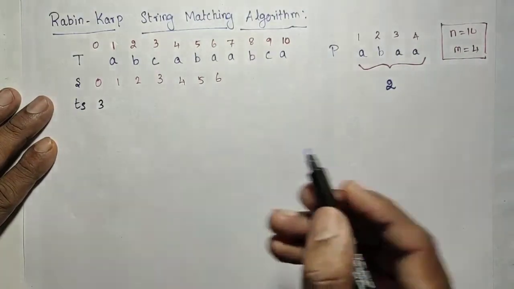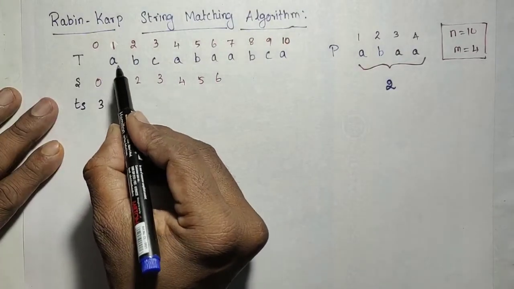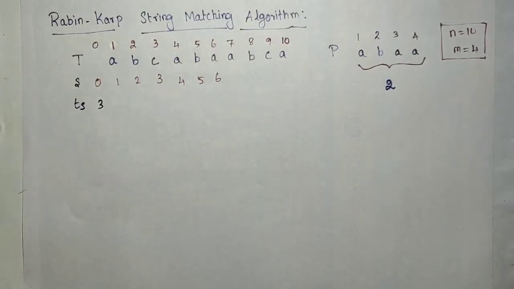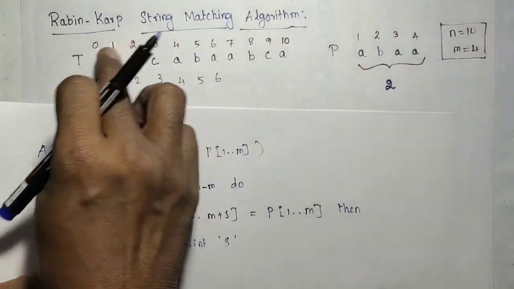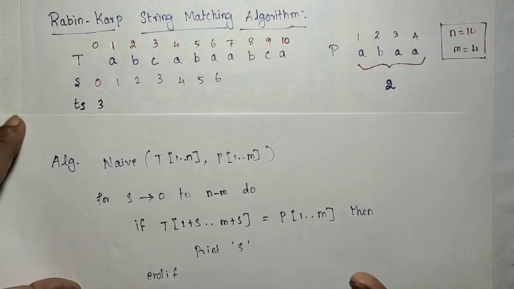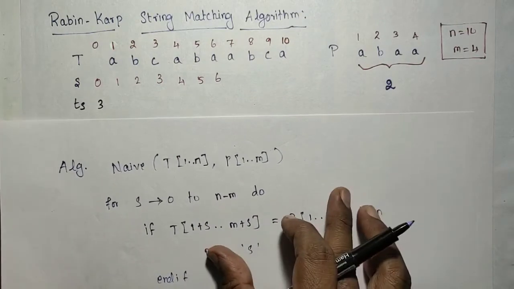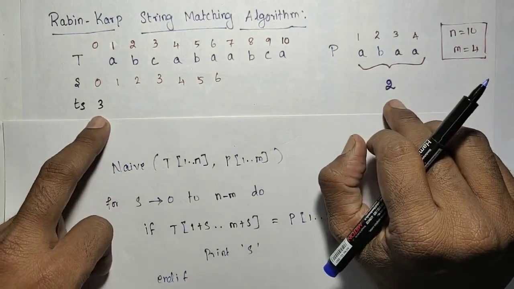So what is happening here? When s equal to 0, these four characters, a b c a, would be compared. Now we check whether this comparison is actually needed or not. That is the possibility we are checking. For that, we compare the equivalent numbers we have calculated.